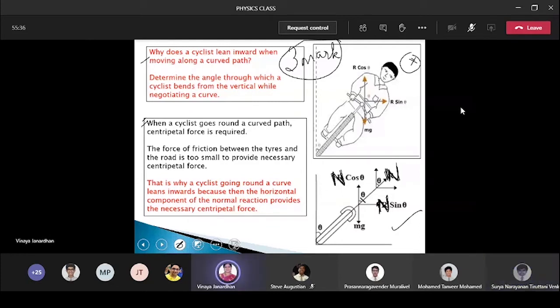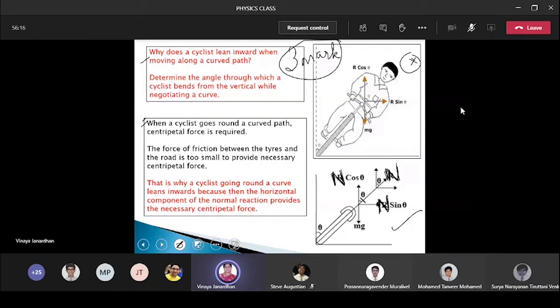Okay, good. See, boys, the cyclist is moving along a circular path. So we have seen that any body which wants to move in a circular path needs a centripetal force acting. Generally, centripetal force is provided by the frictional force. When the cyclist is riding the cycle, the frictional force between the tires and the road is very small.